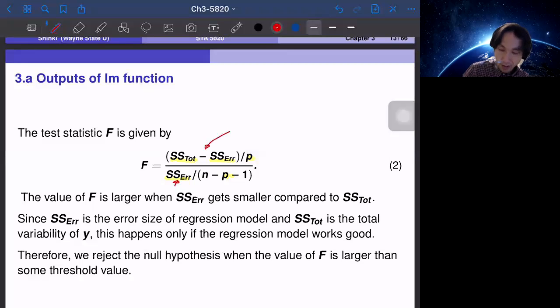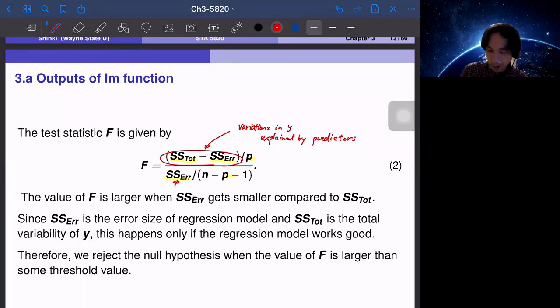And this is the total variation minus the error size, so basically the variation explained by predictors. So the variation explained over error is F. That ratio is F.